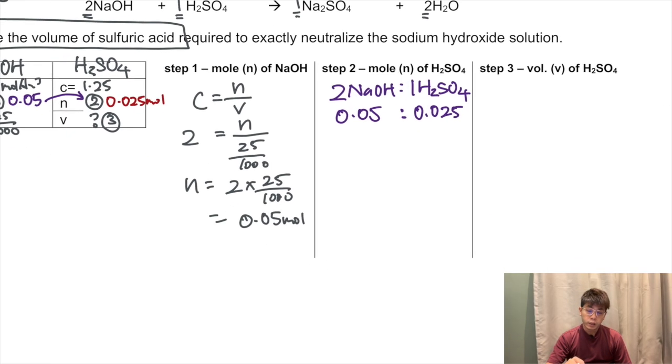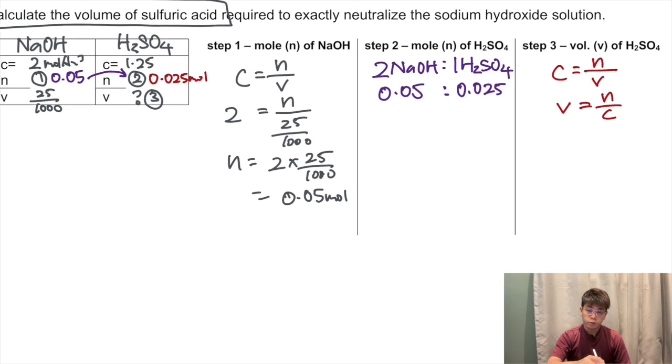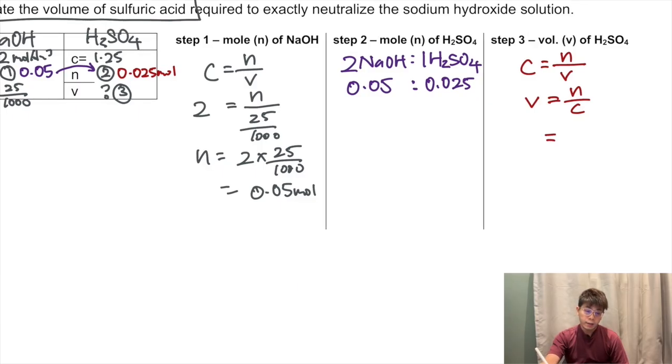Finally, I need to calculate the last step, number 3, which is V. C equals N over V, and when I rearrange it, V equals N over C. Remember the trick that I taught you just now. You read from top to bottom, C equals N over V, but if you want V, you read from bottom up: V equals N over C. N is 0.025, which I've already written down, so I've offloaded my working memory.